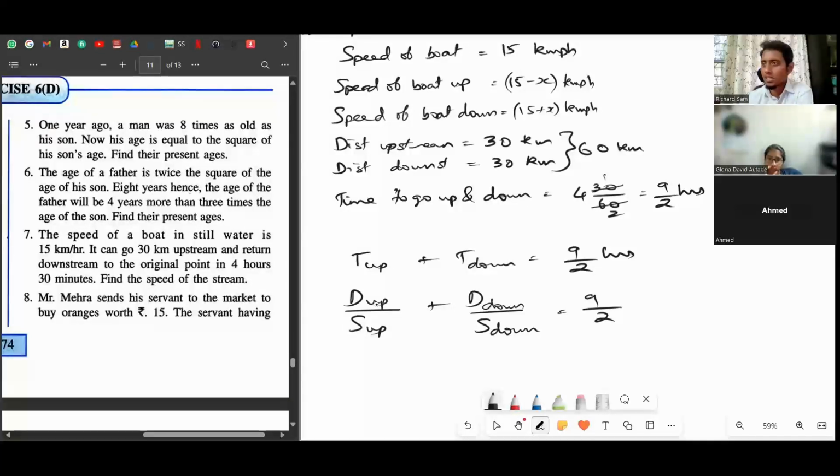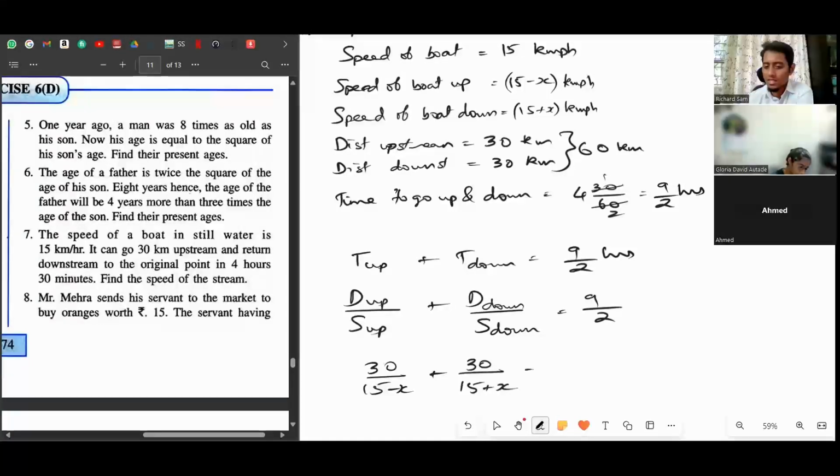Distance upstream is 30 upon what is the speed upstream? Speed of boat upstream, 15 minus x, plus distance downstream 30 upon what is the speed downstream? 15 plus x is equal to 9 upon 2. That's your equation. You see that?